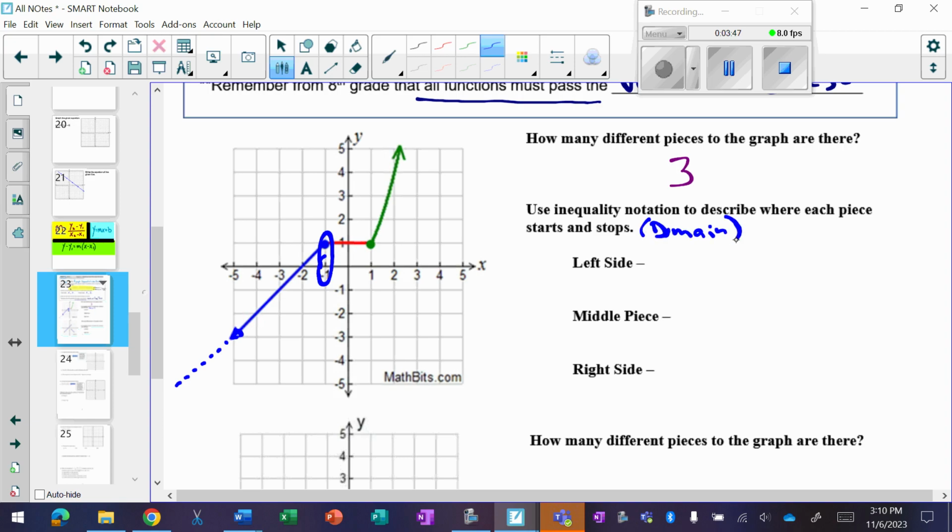Our domain for the left side of the graph would be all the x's that are less than or equal to -1. So all the x's that are smaller than -1 follow this blue graph. That's the blue section of our graph.